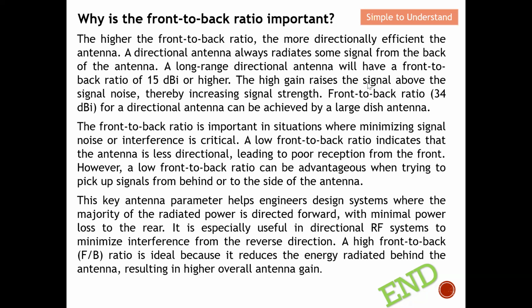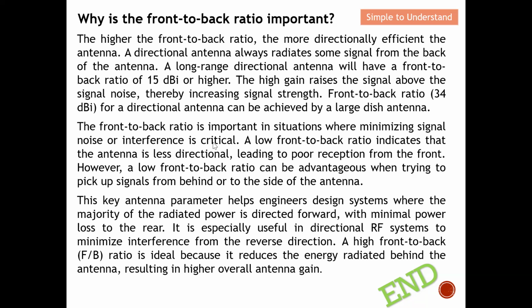So the front to back ratio of 34 dBi, basically for a directive antenna, can be achieved by a large dish antenna. Like I mentioned earlier, with proper design, you can see that the front to back ratio can be significantly improved. The front to back ratio is important in situations where minimizing signal noise or interference is critical.